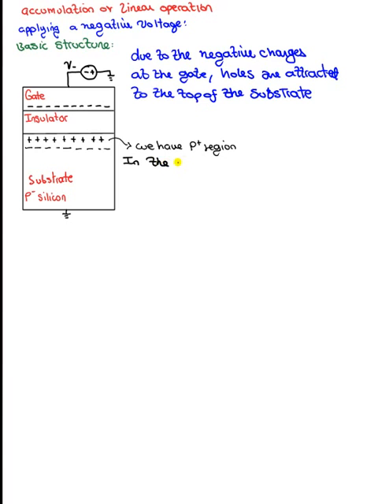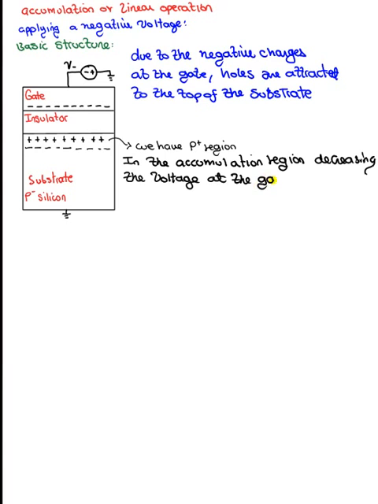In the accumulation region, decreasing the voltage at the gate induces a proportional accumulation of holes.